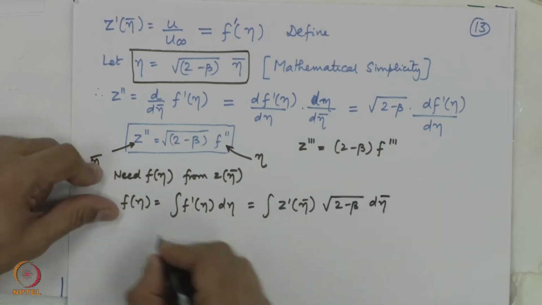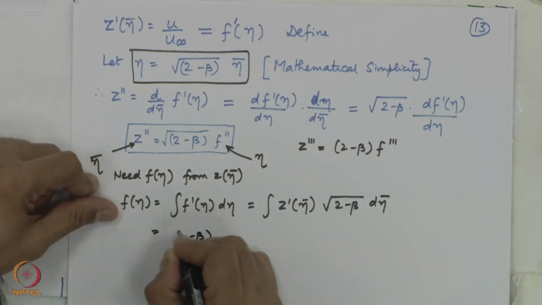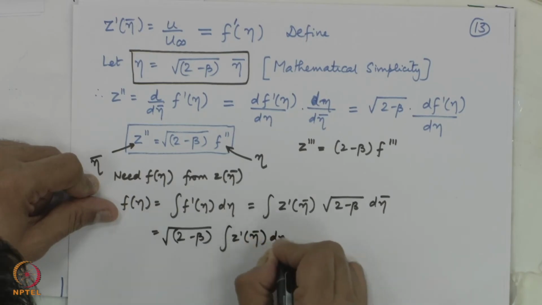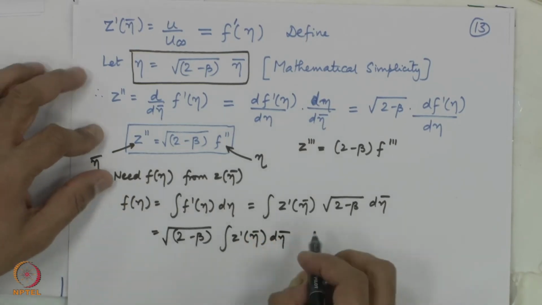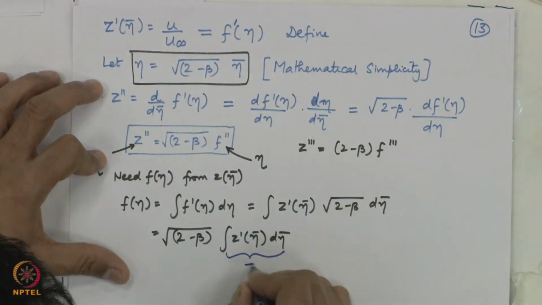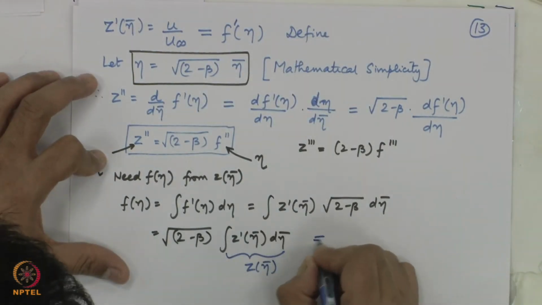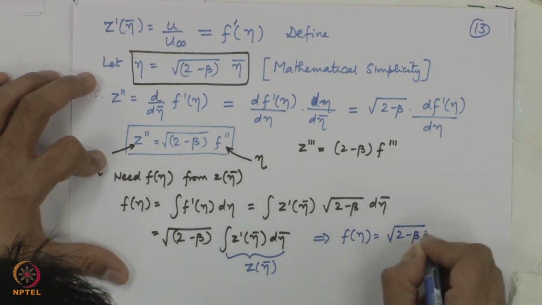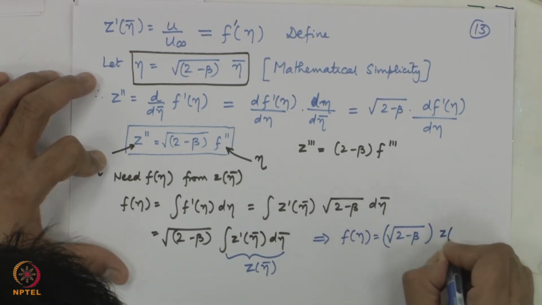So, this is nothing but under root 2 minus beta, z prime of eta bar d eta bar. Okay. Therefore, what is this integral? This integral is nothing but z of eta bar. Therefore, f of eta is under root 2 minus beta into z of eta bar.